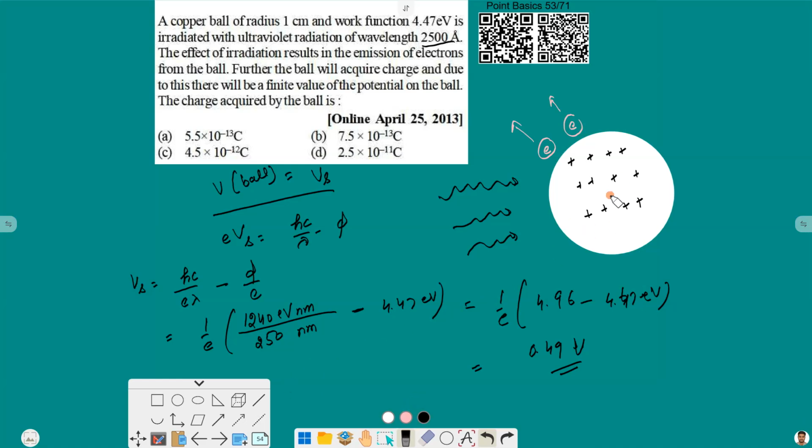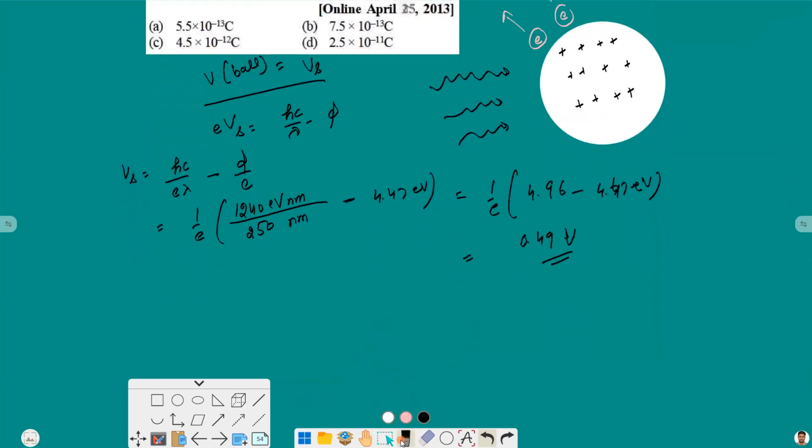Now we have to calculate the charge acquired by the ball. How can we calculate it? We can assume that the ball will act as a capacitor, and for a spherical capacitor we have Q equal to CV, and for a spherical capacitor C is 4 pi epsilon naught times radius, into potential. We know 1 by 4 pi epsilon naught is 9 into 10 raised to power 9, so this will be 9 into 10 raised to power 9 into radius.